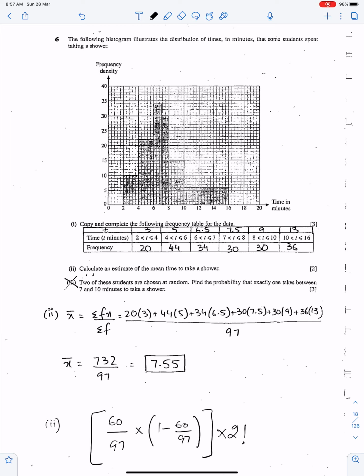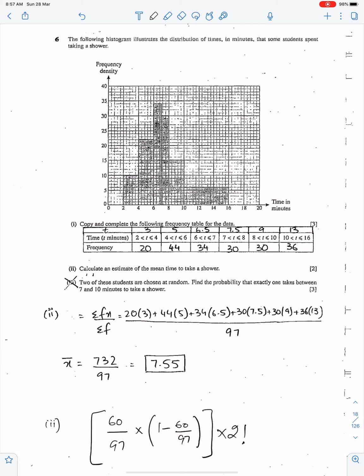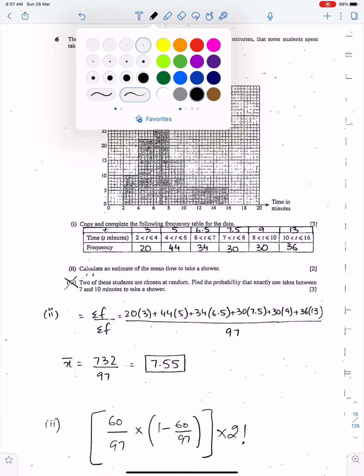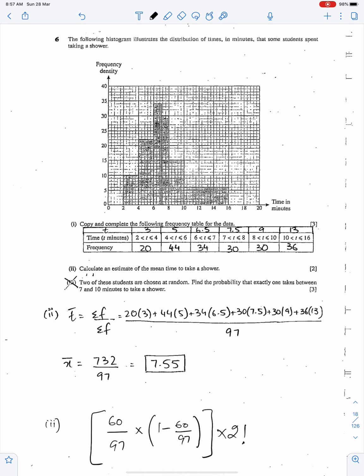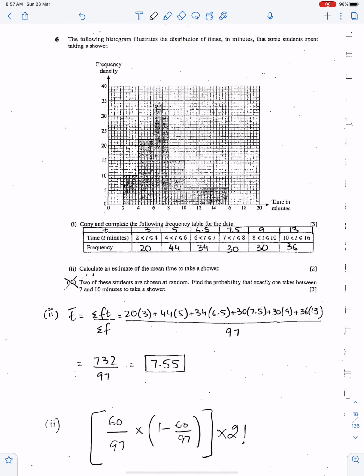And write t here as well. It's better to write t. So that's the mean.